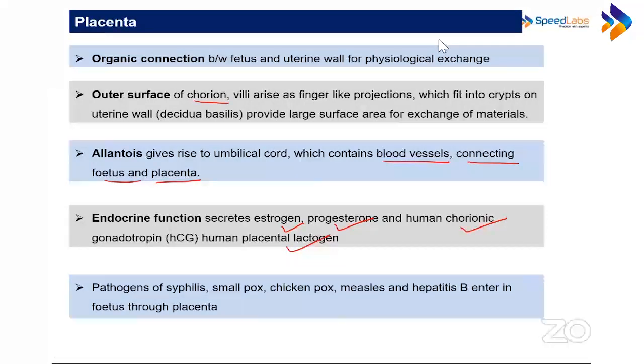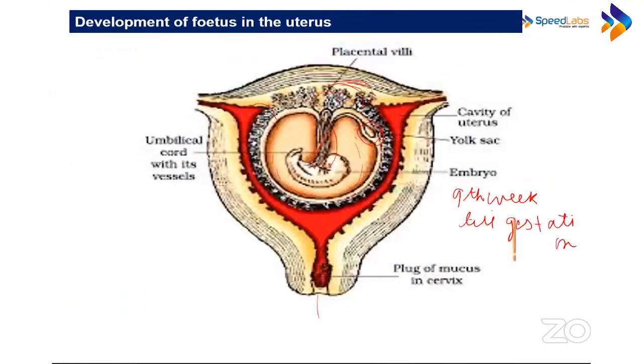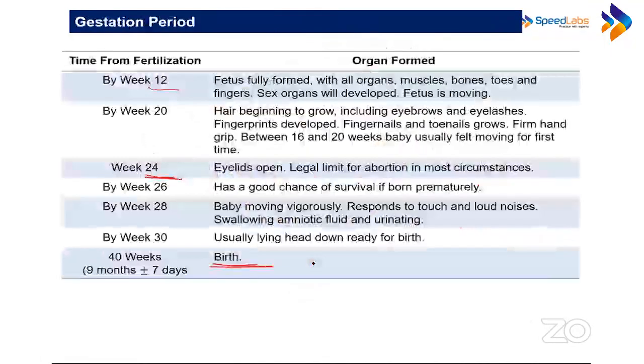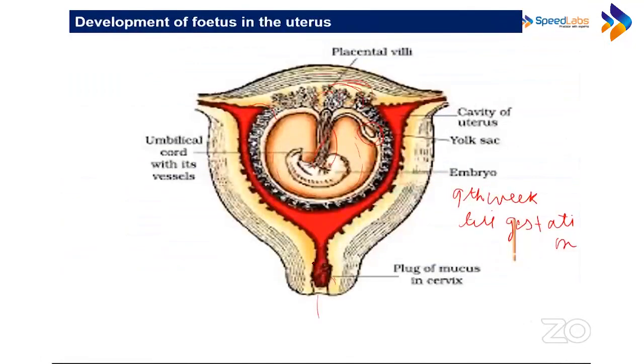The plug of mucus prevents any entry of bacteria or any sperm at that time, it shouldn't enter the cervix. So that's a protective measure. As soon as pregnancy happens, the cervix gets covered with a plug of mucus. It gets sealed. Okay? Understood?